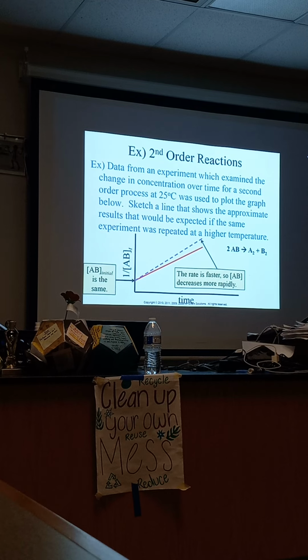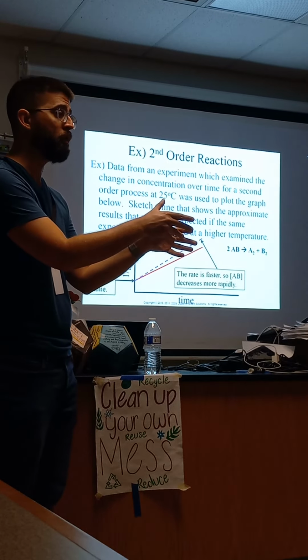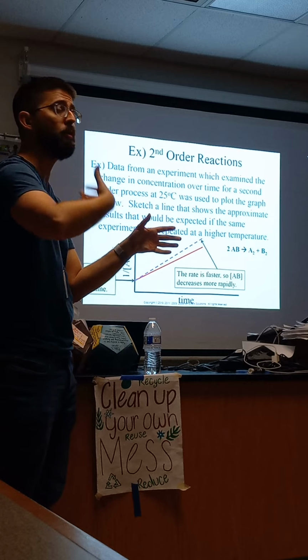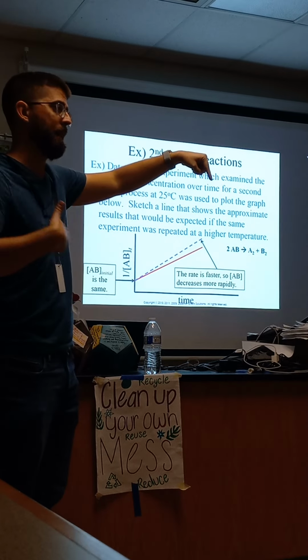And we'll talk about that a lot more in the third kinetics unit, the conceptual stuff. And so as a result, you're going to decrease AB faster. And guys, it's counterintuitive, right? Because when a reaction is going faster, you are using up, in other words losing, your reactant faster.